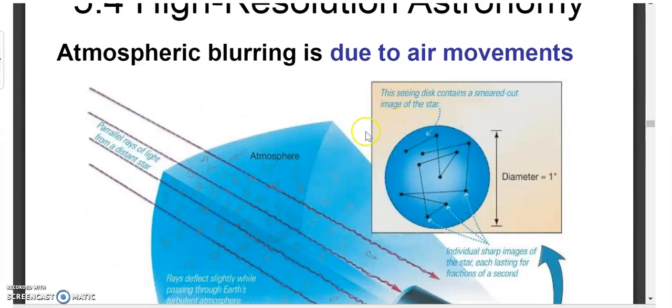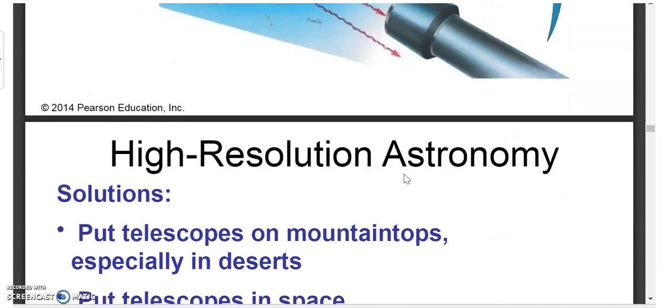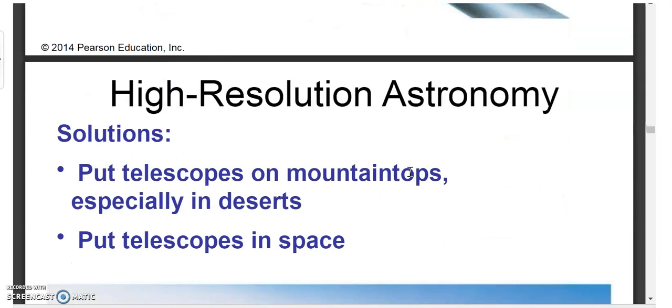The molecules of air are moving around due to heat and various turbulences in the atmosphere, and so that's actually not a desirable thing. You want nice, sharp, clear images. All right, so what we've done, of course, as I already mentioned, is we put a lot of telescopes on mountains, and we do this all over the world.